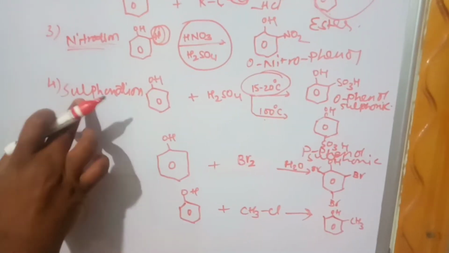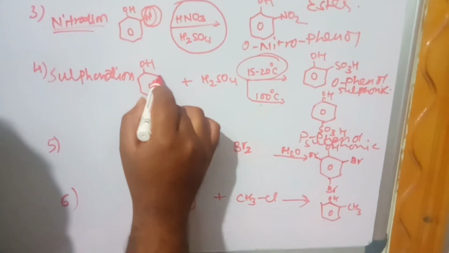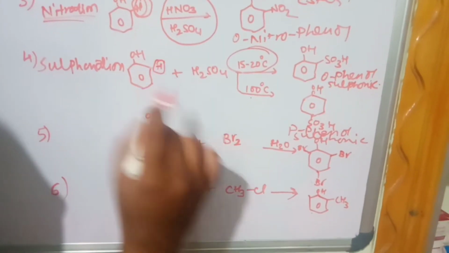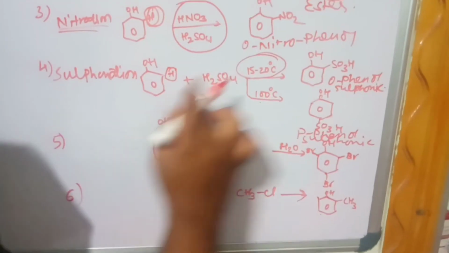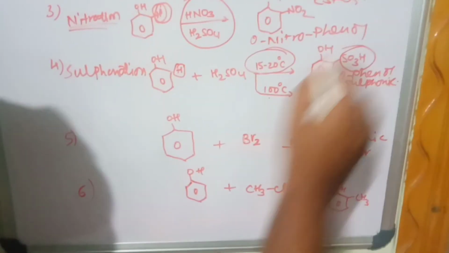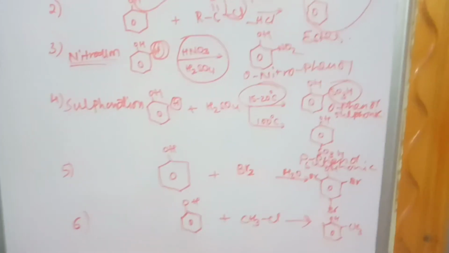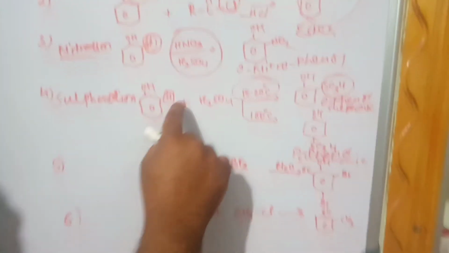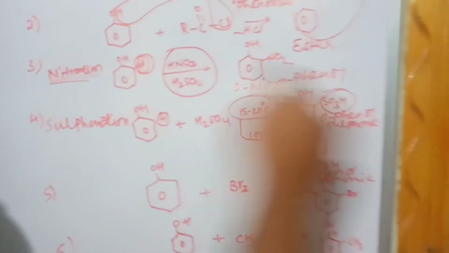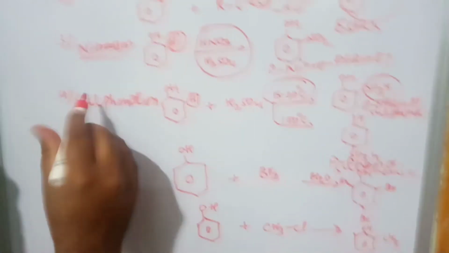Sulfonation means replacement of hydrogen by the sulfonic acid group, SO3H. When H is replaced with SO3H, that reaction is called a sulfonation reaction.